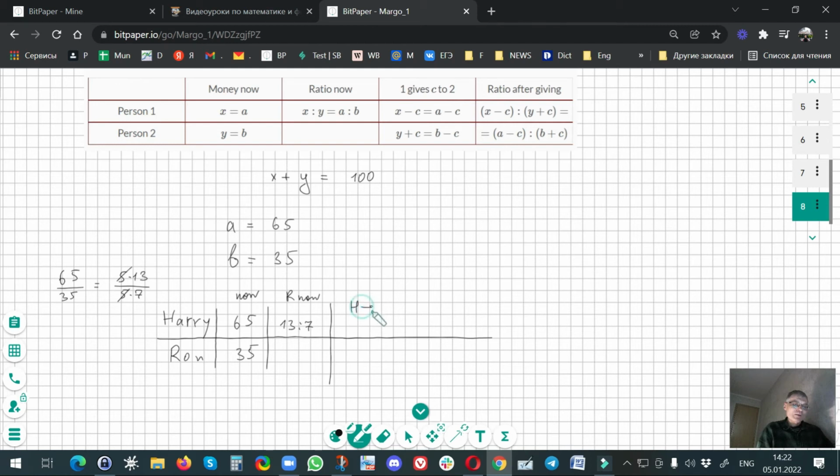Harry gives 10 coins to Ron, which leaves Harry with 55. But Ron, of course, gains 10, and this is 45.